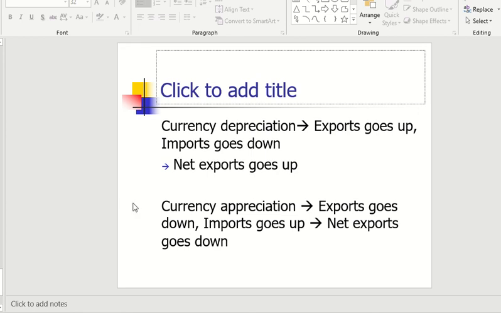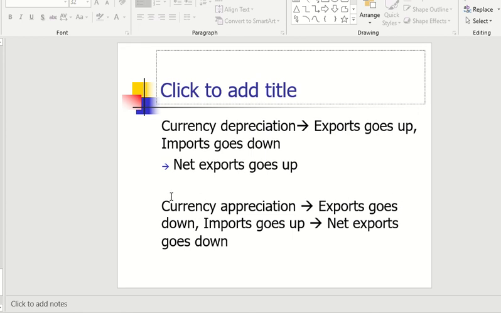In contrast, if we have a currency appreciation, appreciation means that the currency gains value. $1 now is worth more in terms of Japanese yen. So if that happens, Japanese are likely to find American goods more expensive. So that means they're not going to buy as much from the United States. So exports of the United States come down.